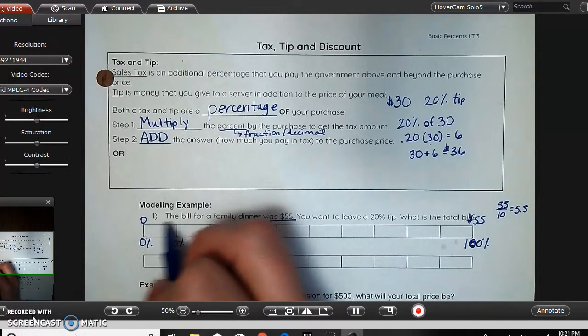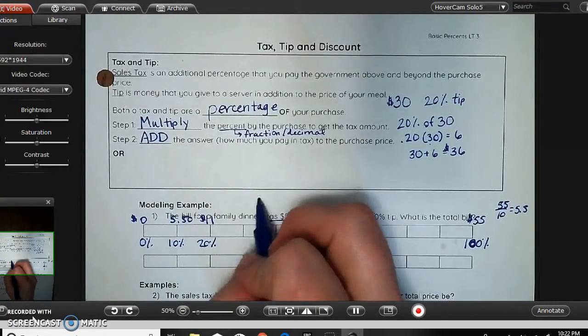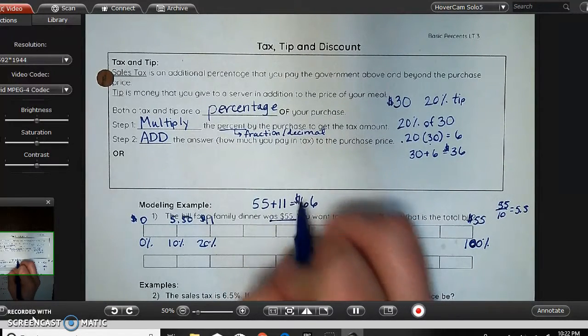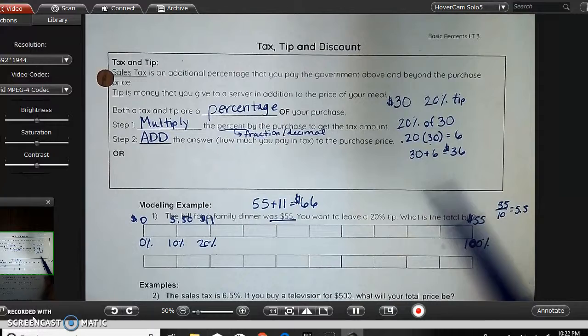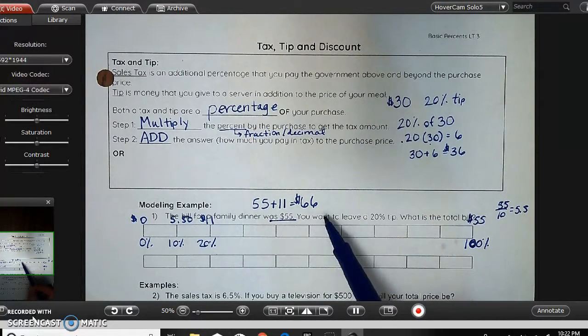This would be $0. 10% would be $5.50. 20% would be $11. So I would do the 55 plus the 11 to see that my total bill is $66. This is the decimal version, or fractional version, or calculator version, however you want to think of it, of our bar model that we just did for this problem.